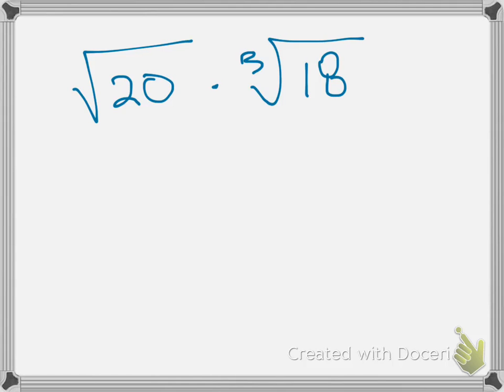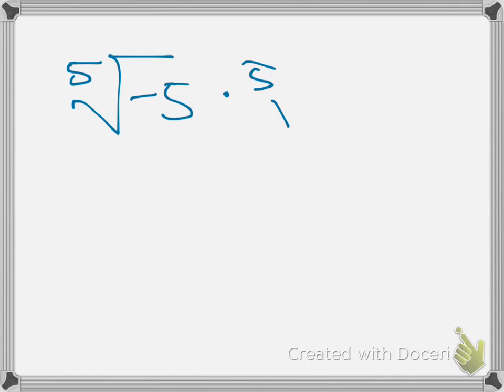Now this property of radical expressions can be helpful because it can help us to simplify the overall expression. So let's say we are given the product of the fifth root of -5 times the fifth root of -2, and we want to simplify that.